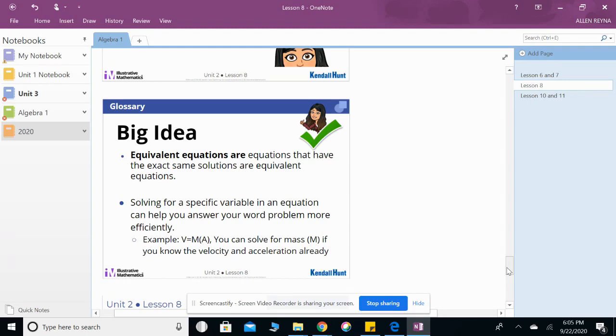So like if you have the equation velocity equals mass times acceleration, let's say you want to solve for the mass and you already know the velocity and acceleration, then you can manipulate your variables and solve for your mass by dividing by A. So now you can just say, oh, I know mass is equal to velocity divided by acceleration. Sometimes that'll help you. So solving for variables can help you depending on the situation.